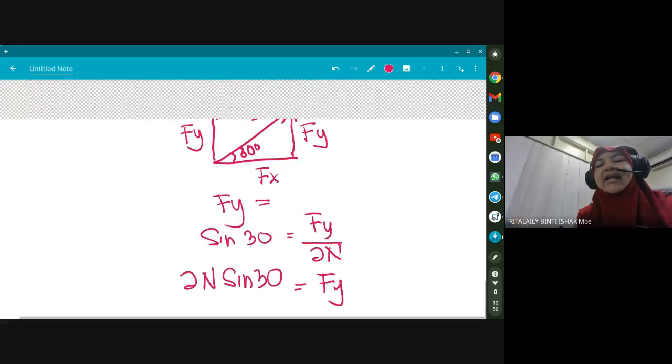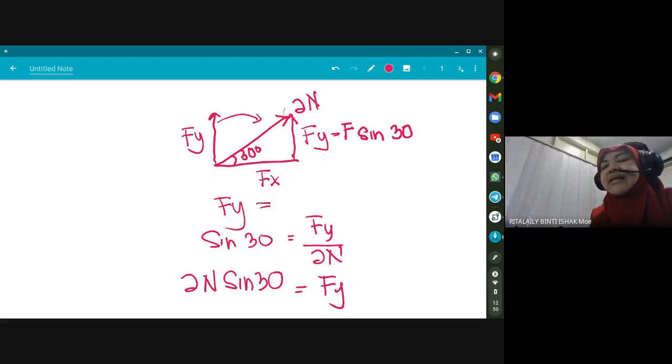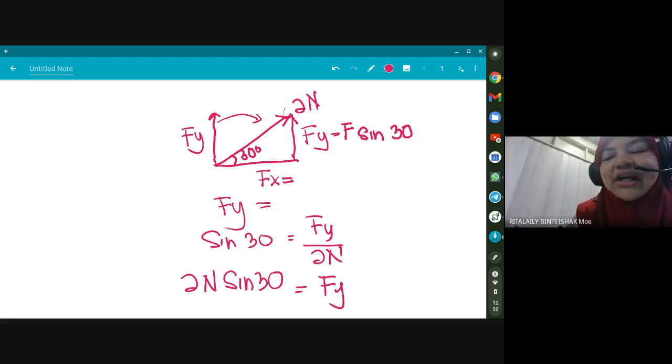So we can calculate Fy. So formula is F, which is dalam case ini is 2 Newton sine 30 using the Pythagoras theorem. Whereas for Fx, we can use Pythagoras theorem also, tapi sekarang Fx is adjacent. So kita gunakan cos. So F cos 30. Okay.